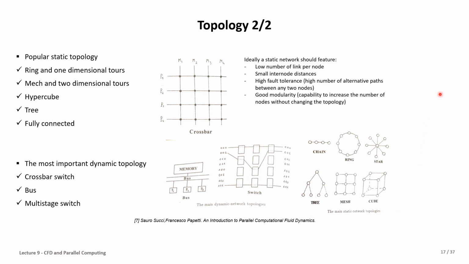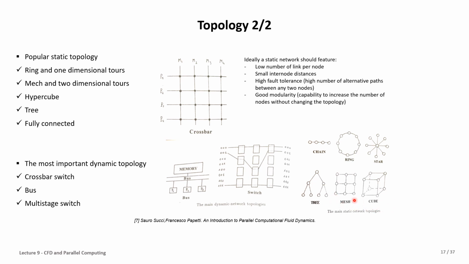Regarding the static network, the ideal one should have these features. First, a low number of links per node. Looking at the ring, every node has only two links. In the mesh, this node has 4 links, this one has 3, and the node in the corner has only 2 in 2D.